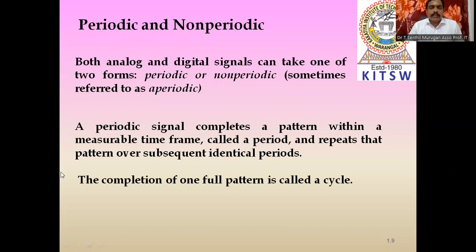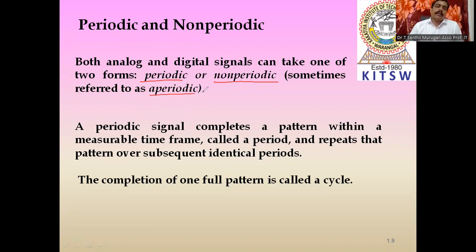Now we are going to discuss periodic and non-periodic signals. What is a periodic signal? What is a non-periodic signal? Both analog and digital signals can take one of two forms: periodic or non-periodic, also called aperiodic.